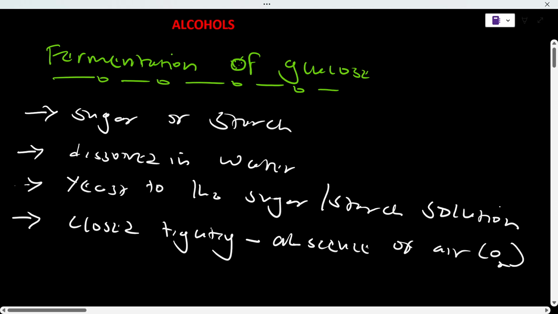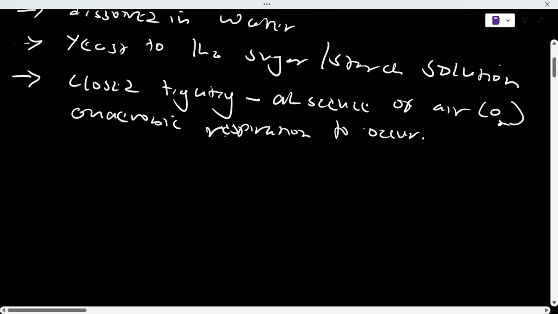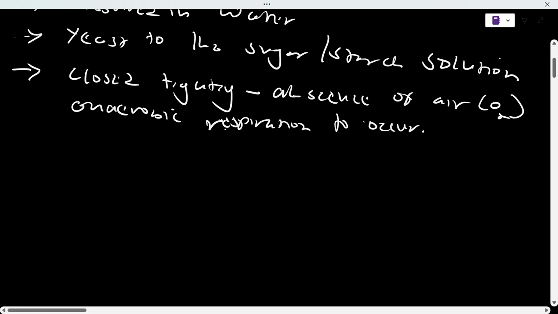So this shows that we need anaerobic respiration to occur in that given system.